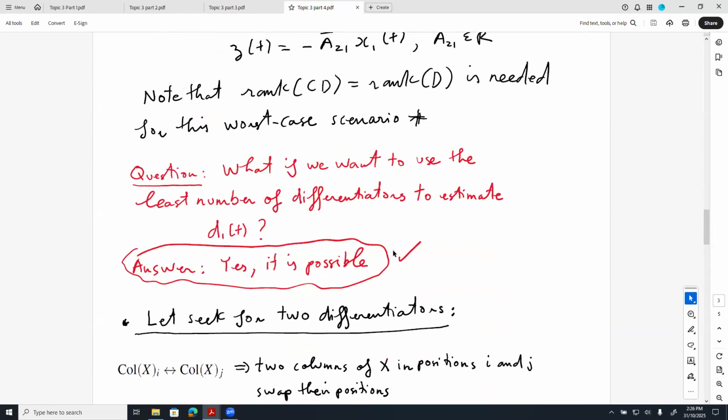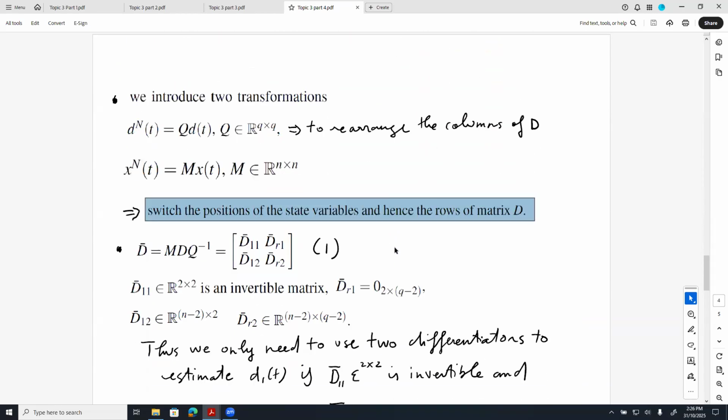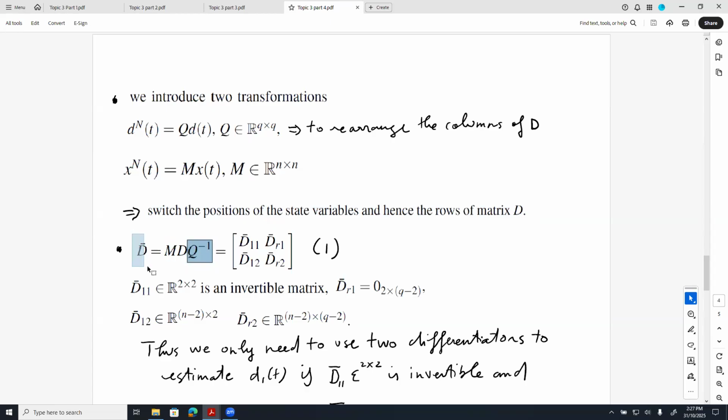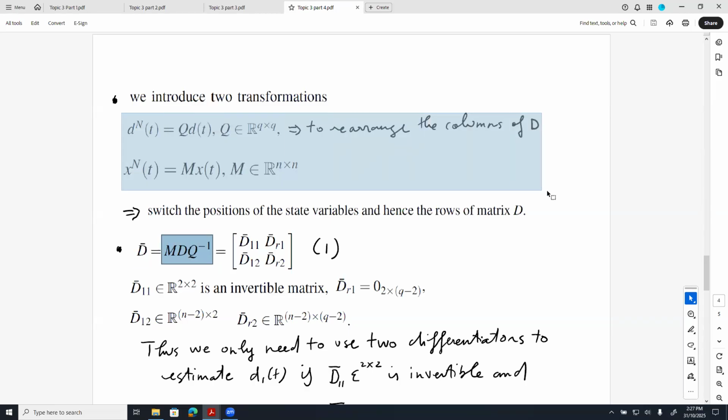All right, so the idea here is we swap in such a way that this new D matrix, we call it D bar. D bar is the result of switching the position of the state variables, as well as changing the columns. And so we let D bar be M times D times the inverse of Q, based on these two transformations. Okay.